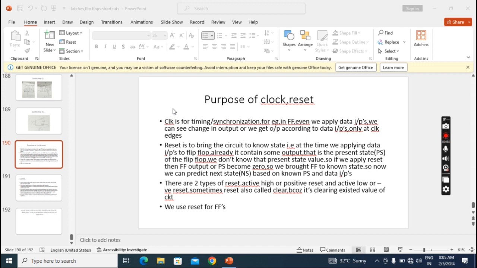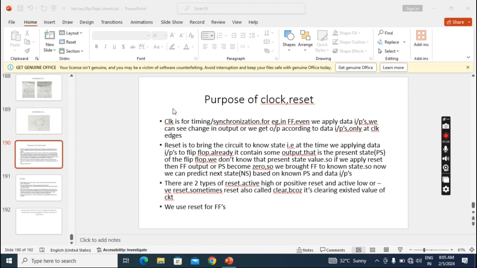And coming to reset, sometimes we also call it clear, because it is clearing the already existing output. That's why clear or reset. So reset is to bring the circuit to a known state. For example, there is a flip-flop and I am applying some data input.